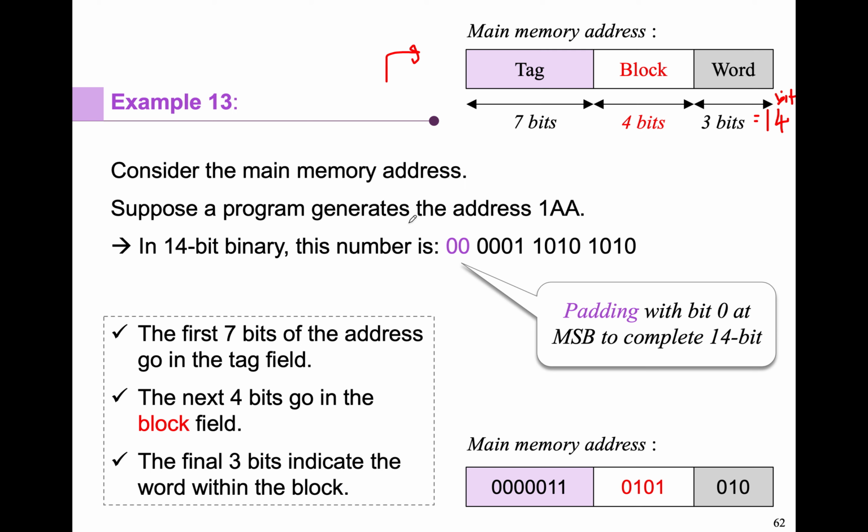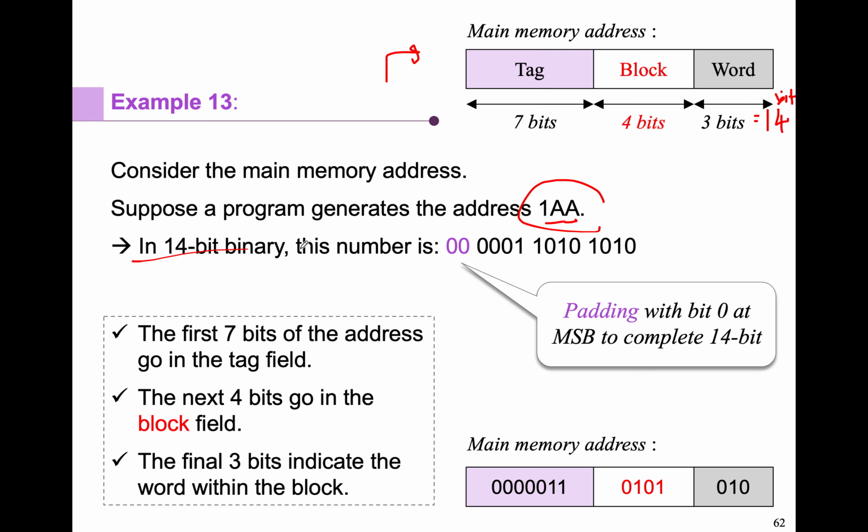Suppose a program generates the address 1AA. What is 1AA? You need to convert it. This is in hexadecimal, so please try to convert it into binary.